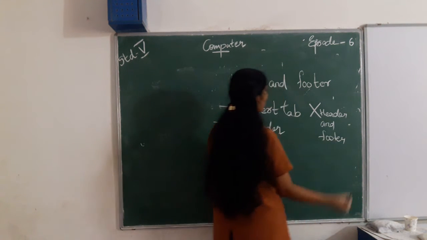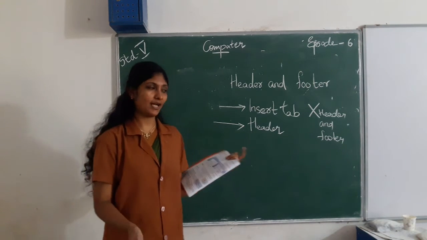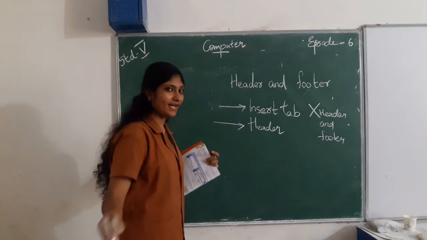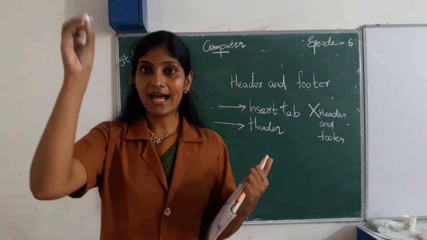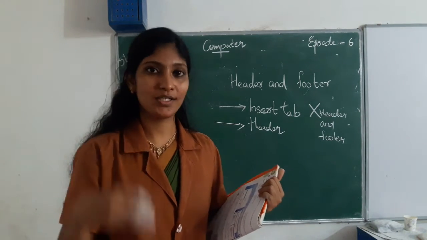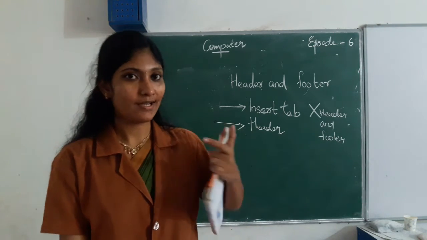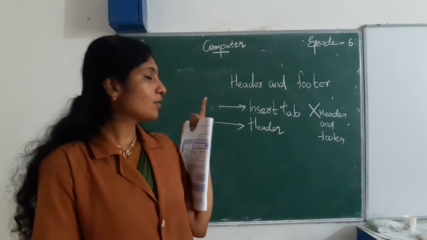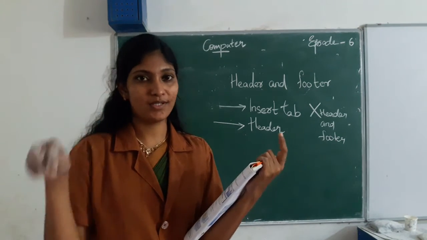So first of all, go to the Insert tab, and there you can see the header option. Then click the header option. When we click the header option, a gallery of header types appears. So you can select your suitable type of header. And then after selecting the header type, you can go to the Close Header and Footer section.